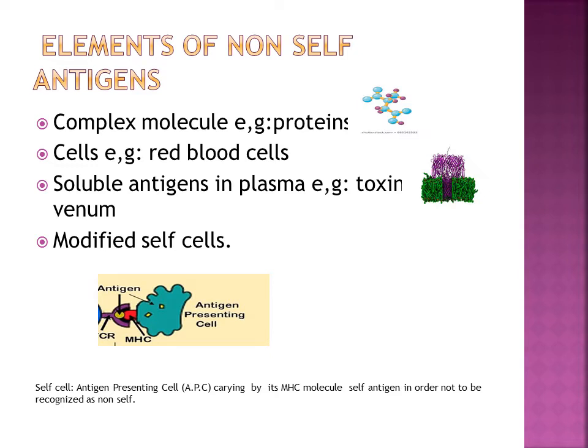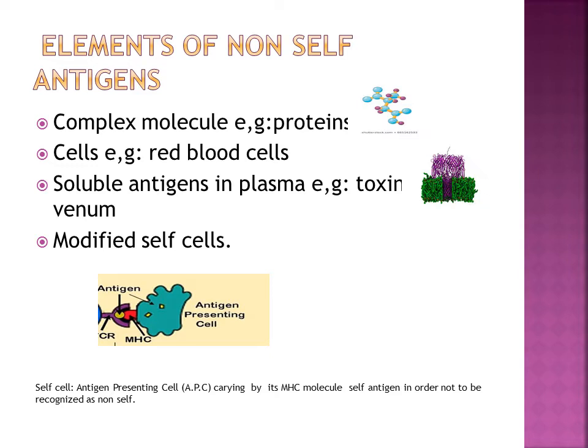Complex molecules, proteins, carbohydrates, may enter our body and cause diseases, okay? Like enzymes. Taking an enzyme or a hormone may cause a disease. Cells, example, red blood cells, like in blood transfusion.